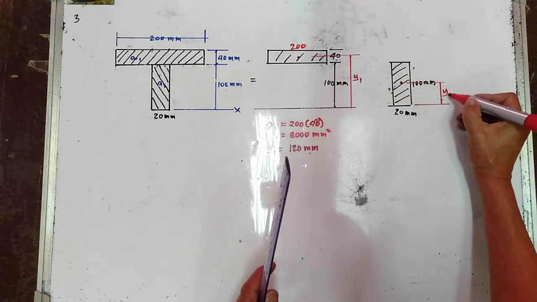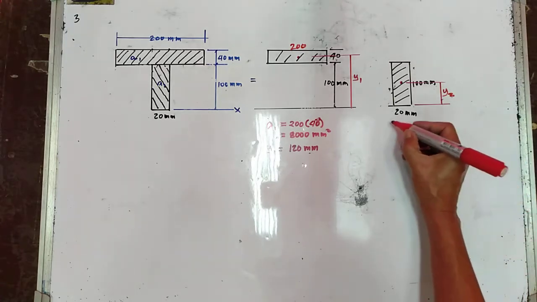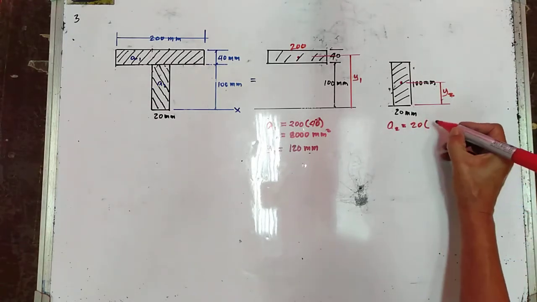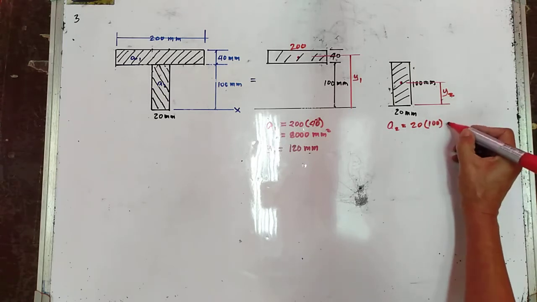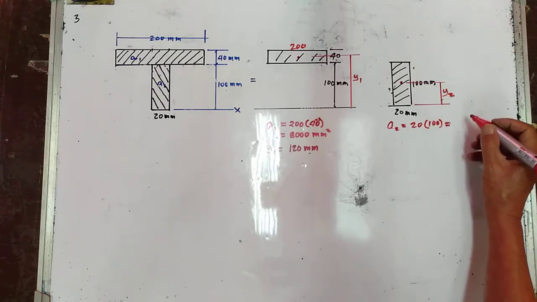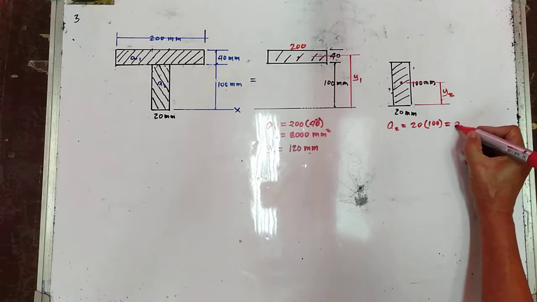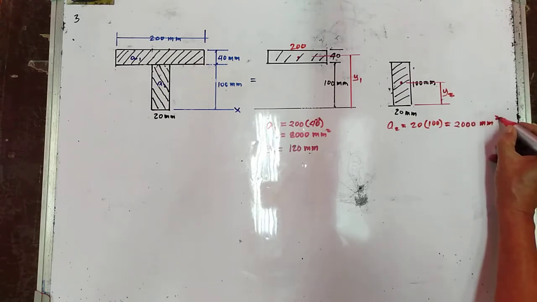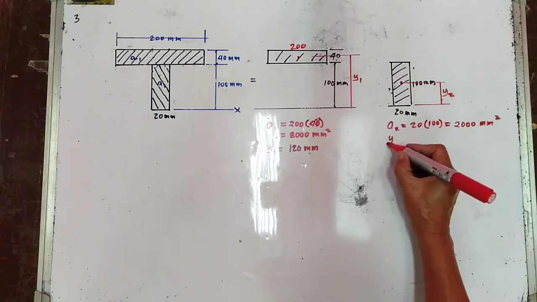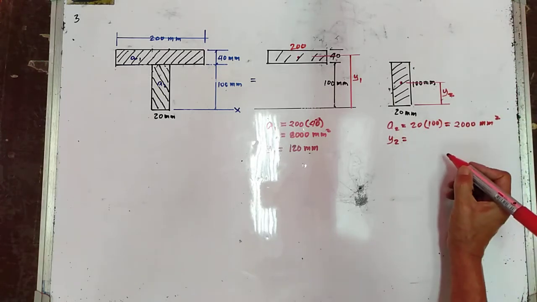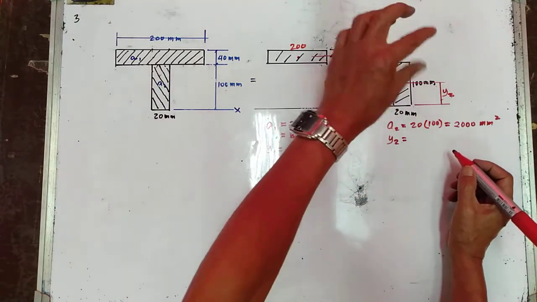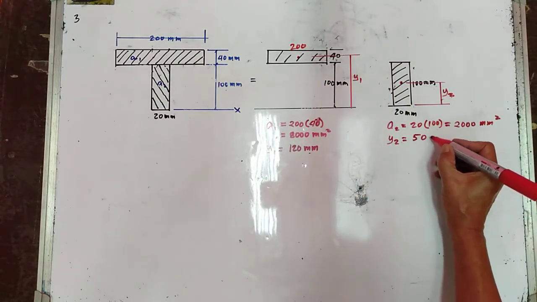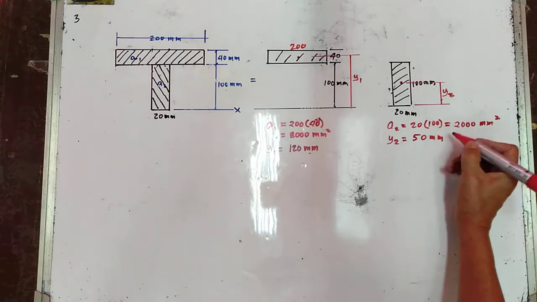So that is now the second area. So that your area 2 is equal to 20 multiplied by 100, or this is equal to 2,000 square millimeter. And your y2 is now equal to 1/2 of the height. Hence, that is equal to 50 millimeter.